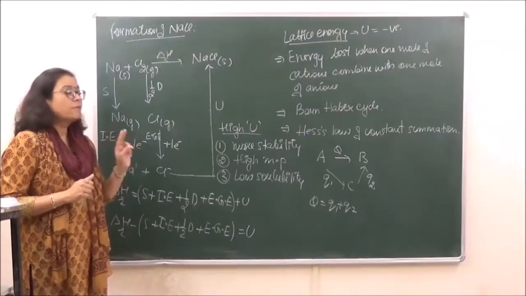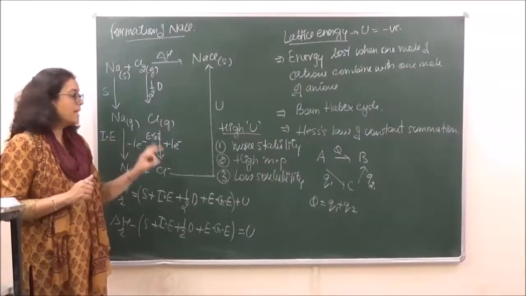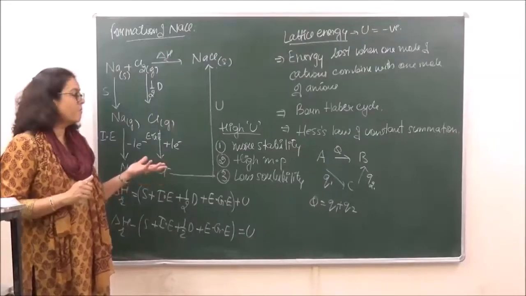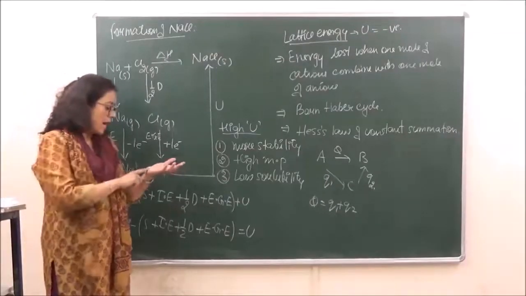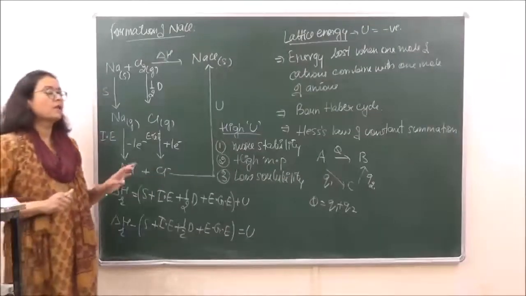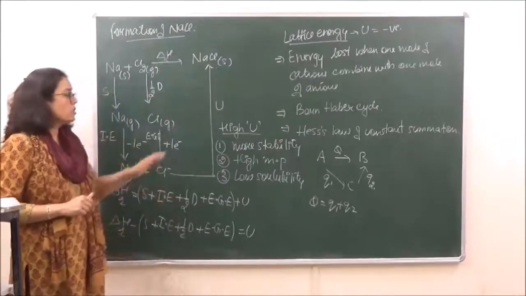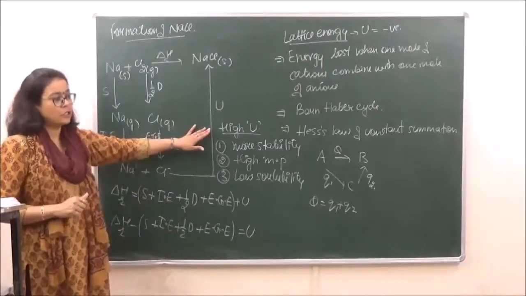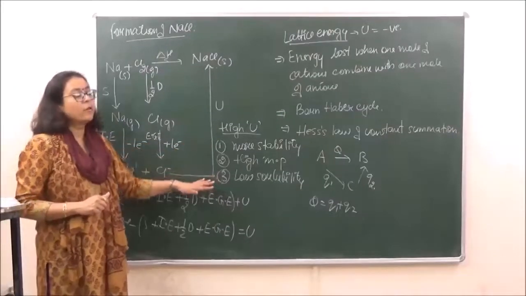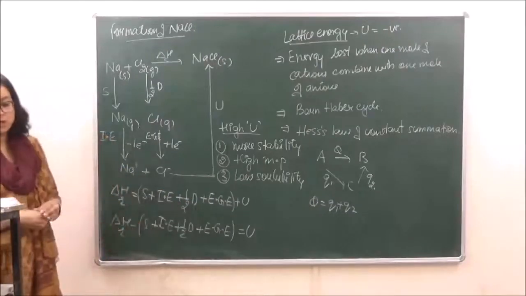So if the hydration energy is higher, only then it will be soluble. If hydration energy is higher than the lattice energy, those ionic compounds are soluble in water. On the other hand, all those which have a high value of lattice energy in comparison to hydration energy are going to have low solubility, right? So this is what lattice energy was all about.